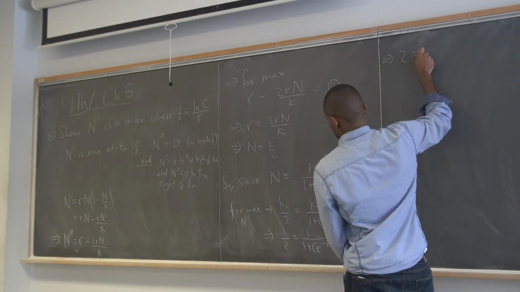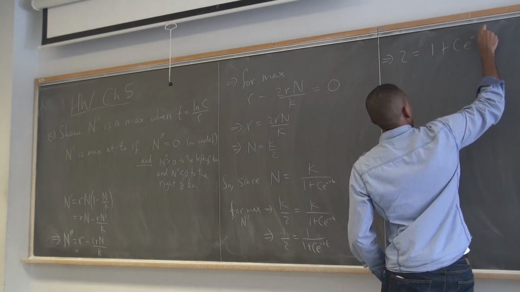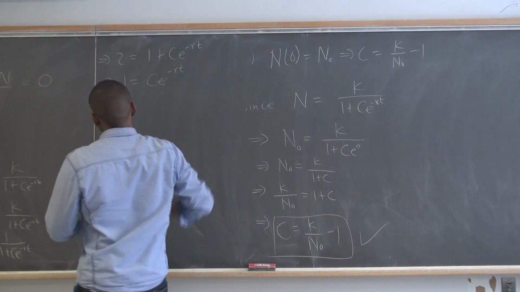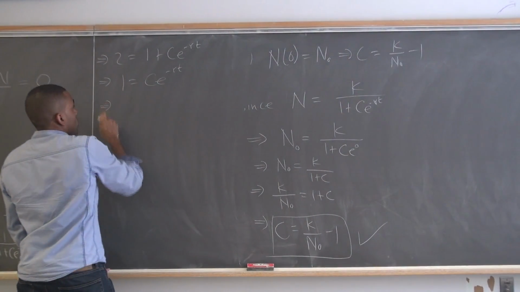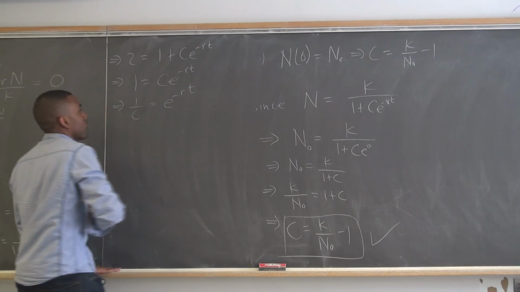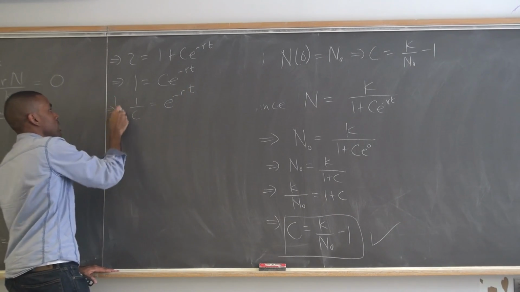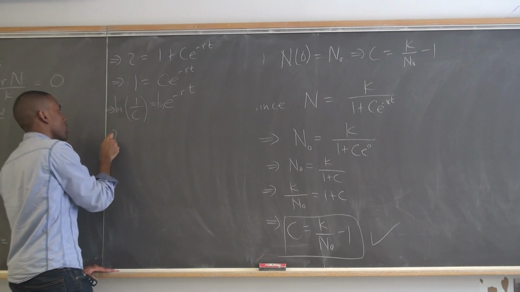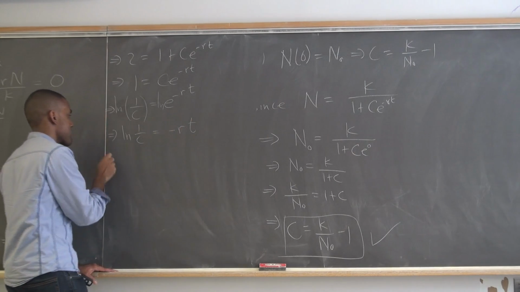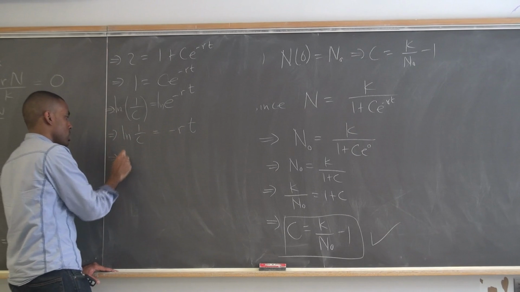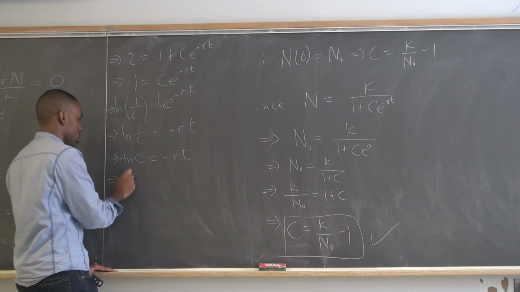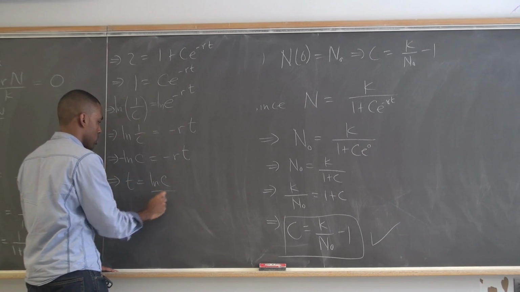Which means I can flip both sides to get that. Which means 1 is equal to c e to the minus rt, which means 1 over c is equal to e to the minus rt. Then you ln both sides, and we have ln of 1 over c is equal to minus rt. But remember, ln of 1 over c is just minus ln c. So your t ends up being ln c over r.